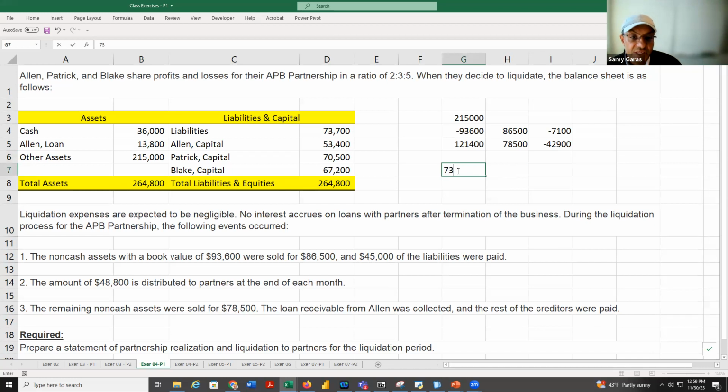So we have 73,700. We paid 45. So now the balance that needs to be paid is 28,700. In addition, we pay 48,800 to the partner at the end of each month.